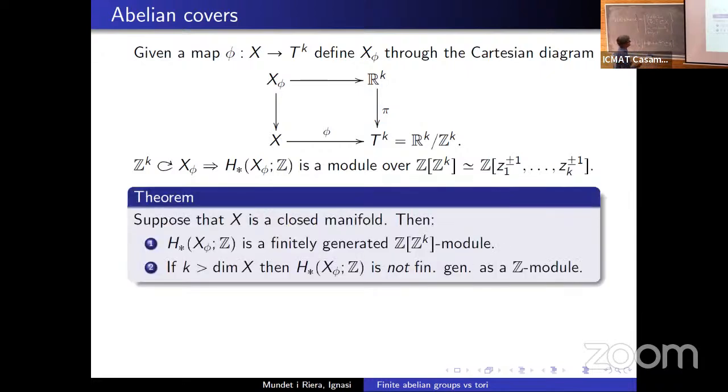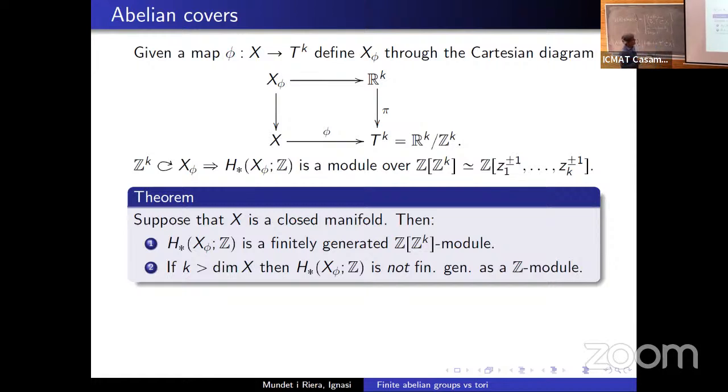Okay, now one can prove the following theorem. If X is closed, then for any map from X to a torus, the homology of the abelian cover is finitely generated as a module over the group ring of Z^k.